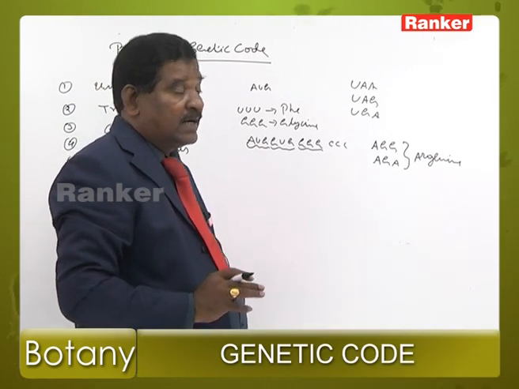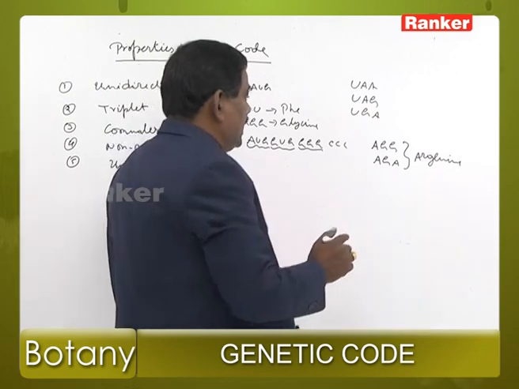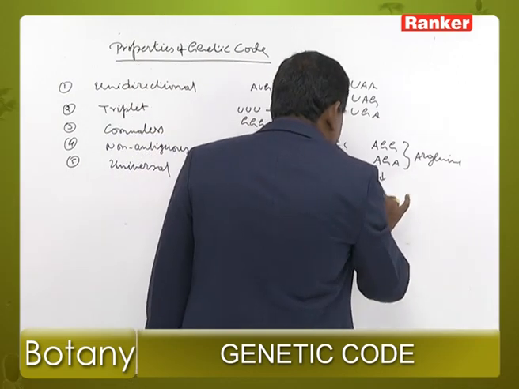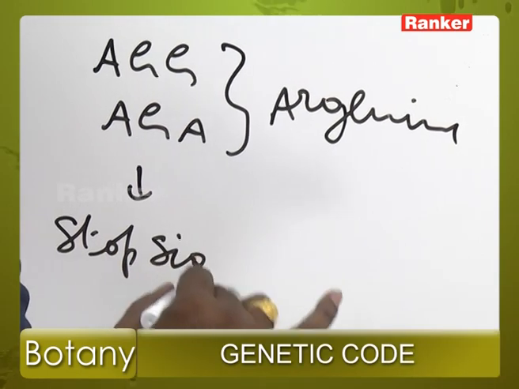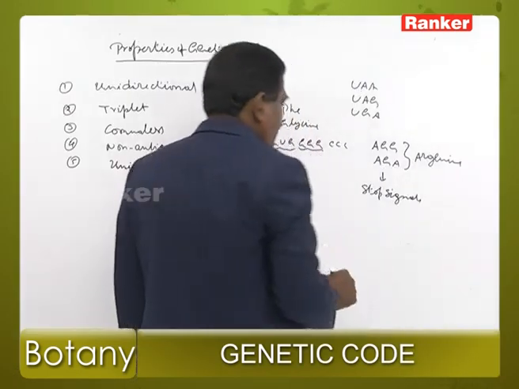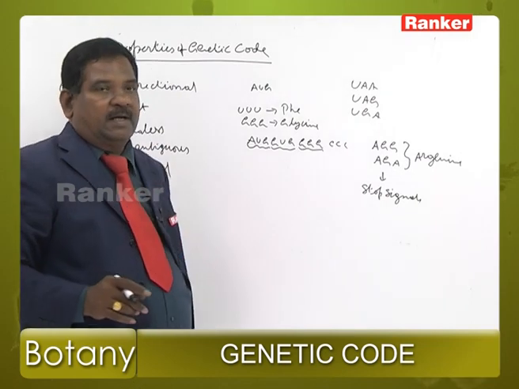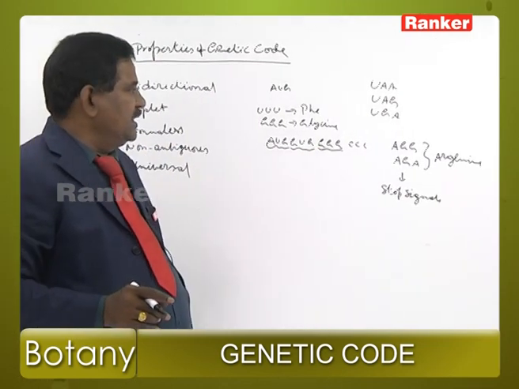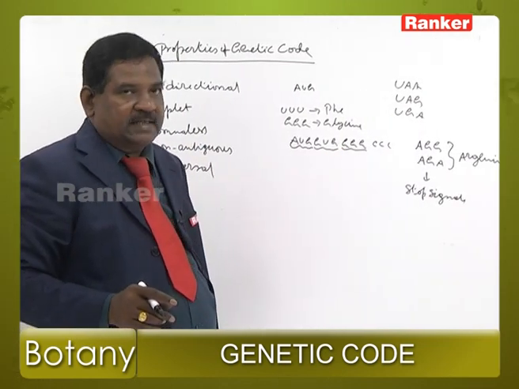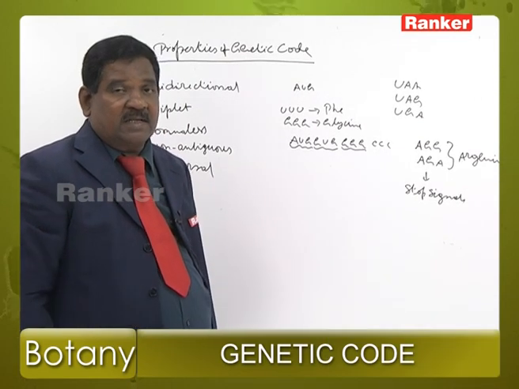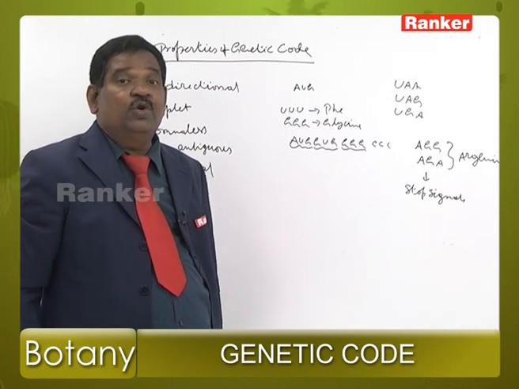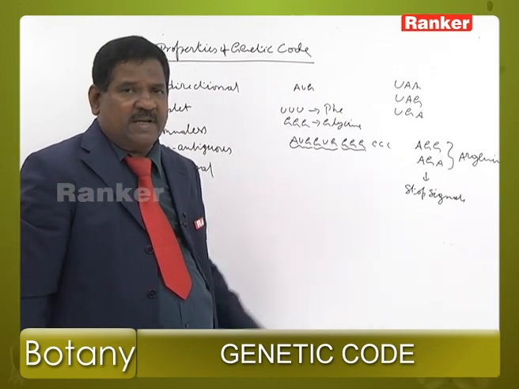But in mitochondria, human mitochondria, they act as stop signals, that means nonsense codons. In all organisms AGG, AGA recognize arginine, but these are the nonsense codons or stop signals in the case of human mitochondria. It is one of the exceptional cases.